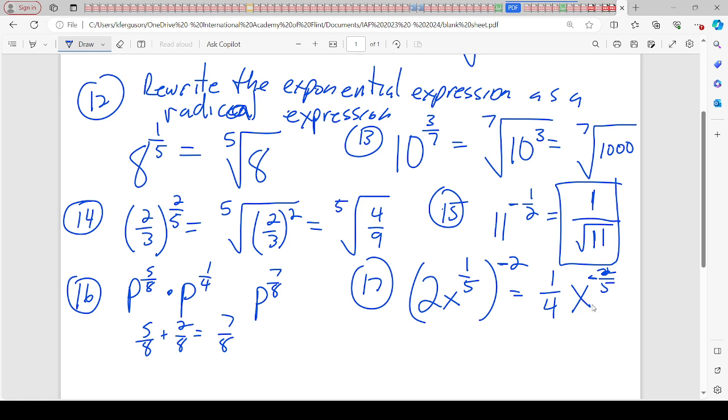And we don't put it in the denominator because the problem says change it to k x to the n form. So I don't kick it to the denominator. I leave the exponent negative. And that's my answer. It says 1/4 times x to the negative 2/5 power because I took 1/5 and multiplied it by negative 2. On your review, we're going to skip 18.